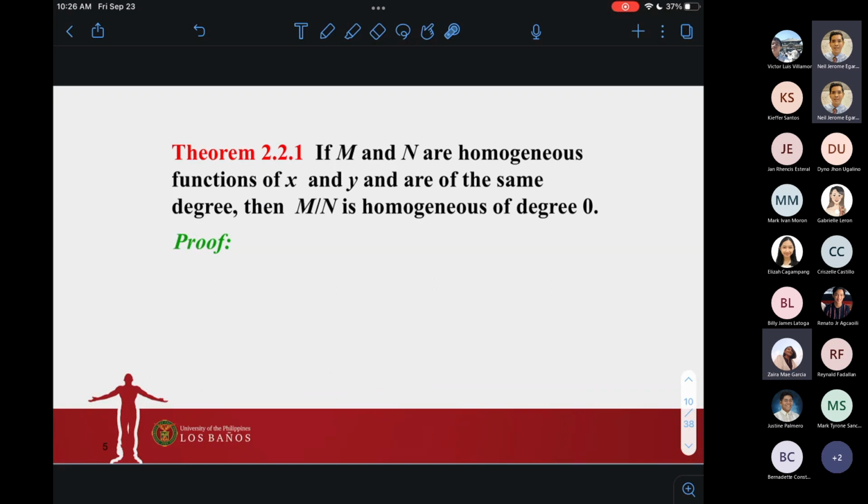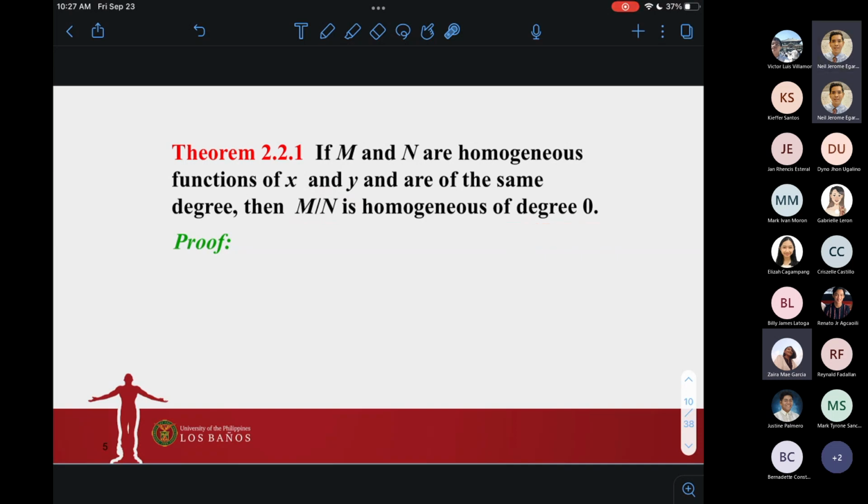Okay, so some properties of homogeneity. Okay, theorem 2.2.1. So kapag meron akong dalawang functions, m and n, and they are both functions of x and y and are homogeneous of the same degree, sinasabi ng theorem, yung quotient nila ay homogeneous daw of degree 0.